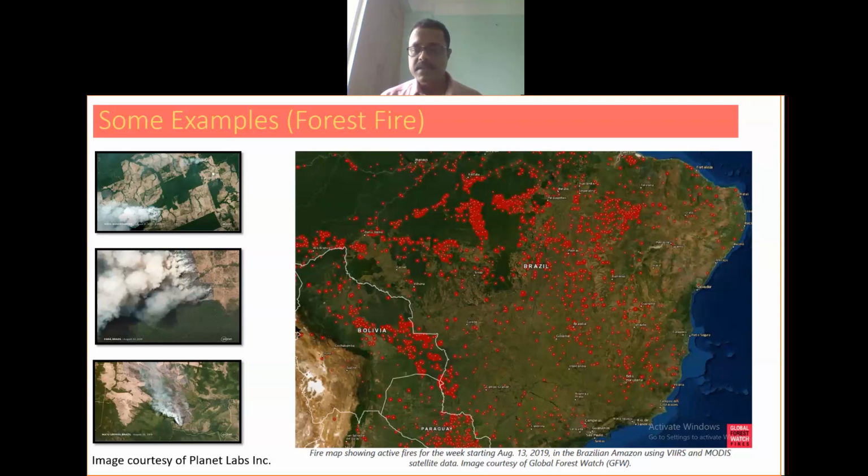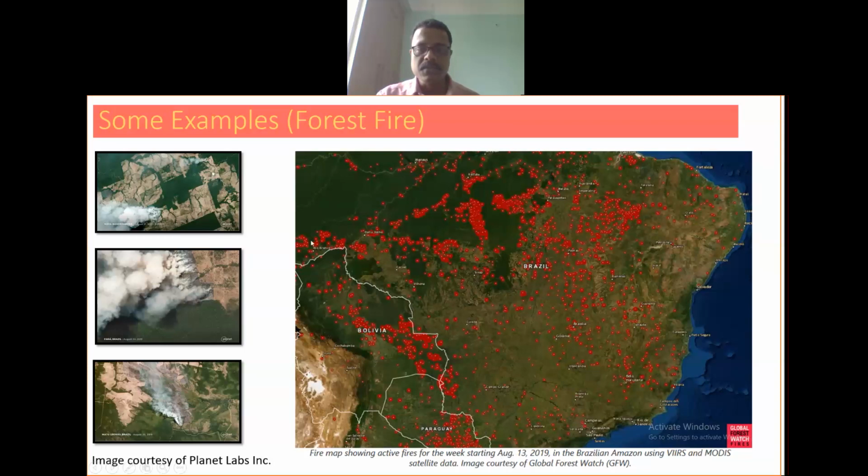Those red areas on the right hand side of the screen are known as hotspots. Hotspots are the areas where fire was occurring at a particular day or a particular time. And this was mapped by VIIRS and MODIS satellite data, captured on August 13, 2019, so almost exactly one year ago.